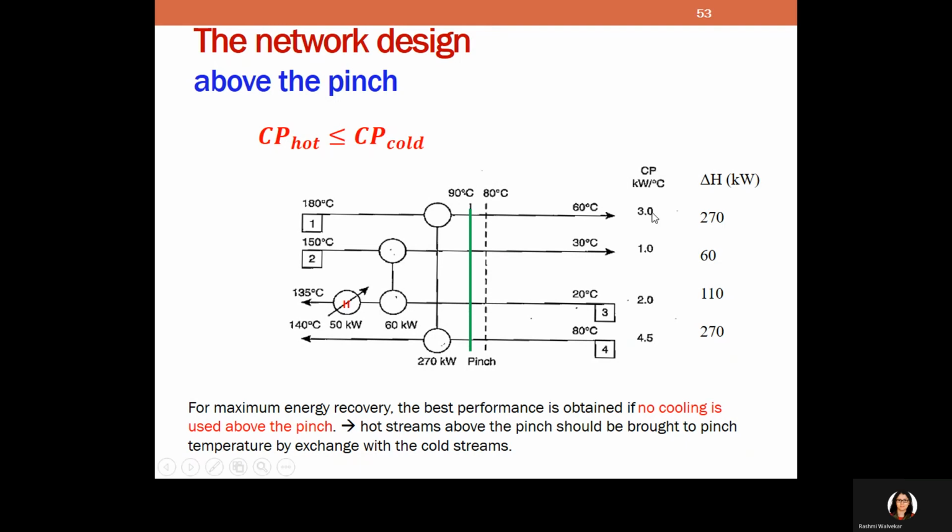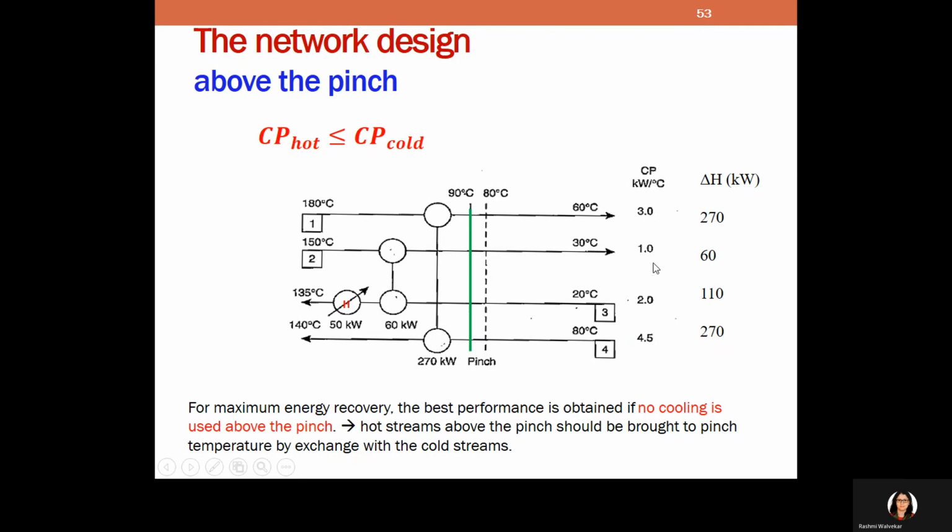If you take stream 1 and stream 4, hot and cold, this has an enthalpy of 270, and this can also give you 270. When you exchange the heat, the maximum will be 270 kilowatt. But if you select stream 2 and stream 4, the maximum exchange will be only 60, because this can only give you 60, so it will take only 60.